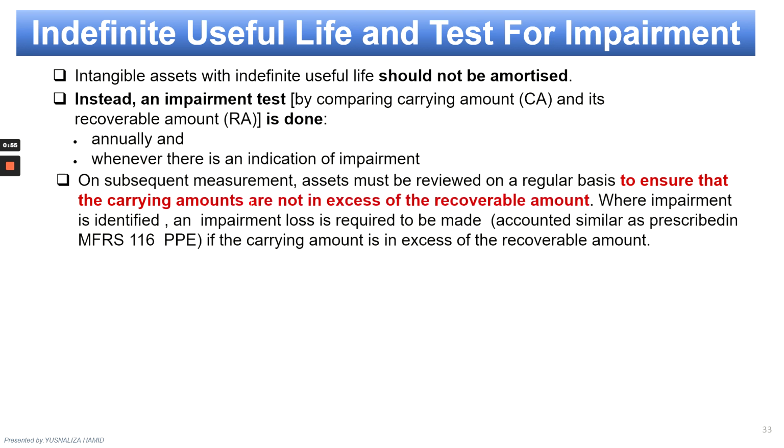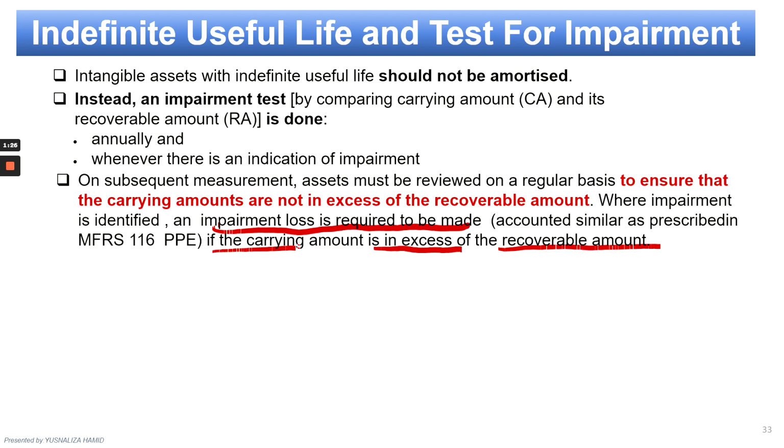So on subsequent measurement, what has to be done is the asset must be reviewed on a regular basis to ensure that the carrying amount is not in excess of the recoverable amount. However, what you need to identify is that an impairment loss is only made where the carrying amount is in excess of the recoverable amount.